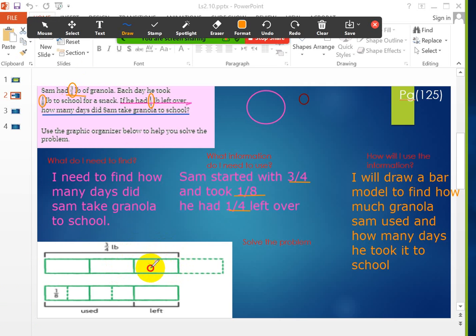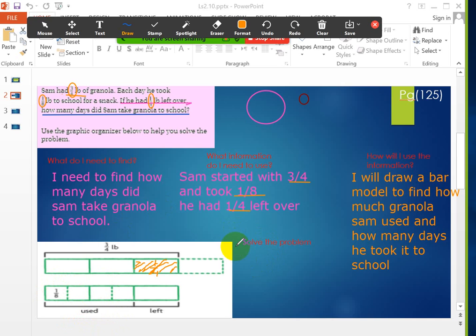This is 1/4, and this is the amount left over, so I have to erase this amount. What I have to do is divide this amount by what? By 1/8, to know how much he used and for how many days.